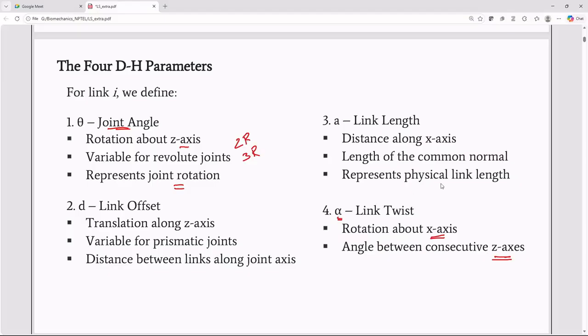So this alpha denotes the angle between two z axes, and that rotation is about not the y axis but the x axis. So here itself we can see there is only the z axis and x axis.